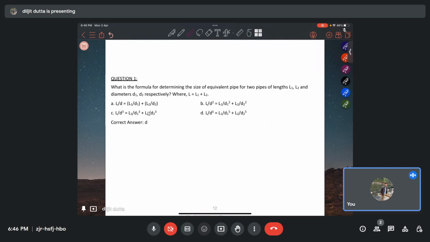What is the formula for determining the size of the equivalent pipe for two pipes? So we will be solving some questions. What is the formula for determining the size of an equivalent pipe for two pipes of length L1, L2 and diameters D1, D2 respectively, where L equals L1 plus L2?